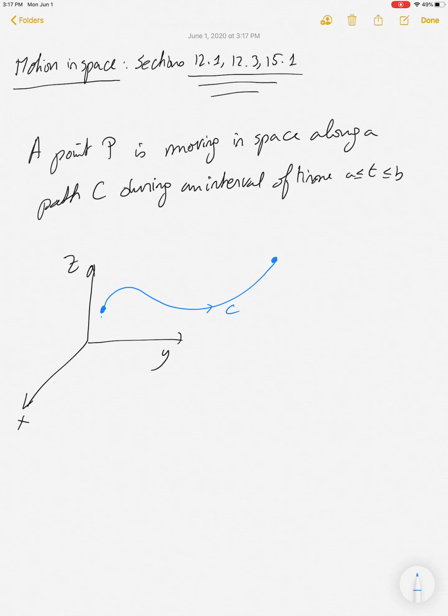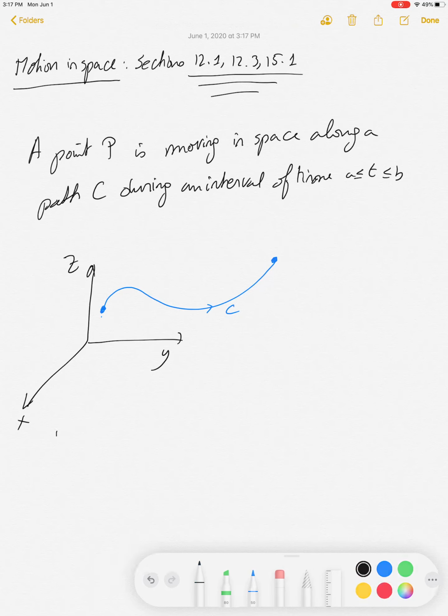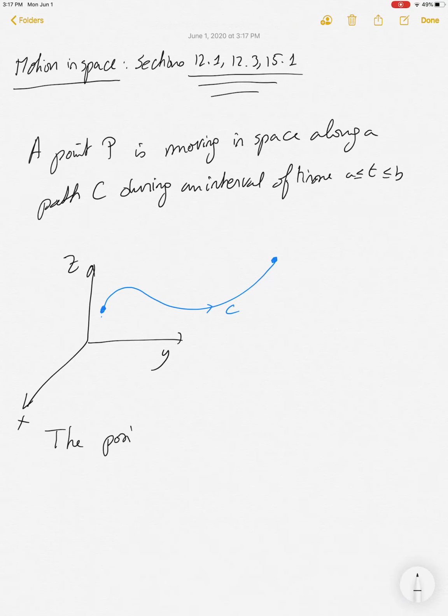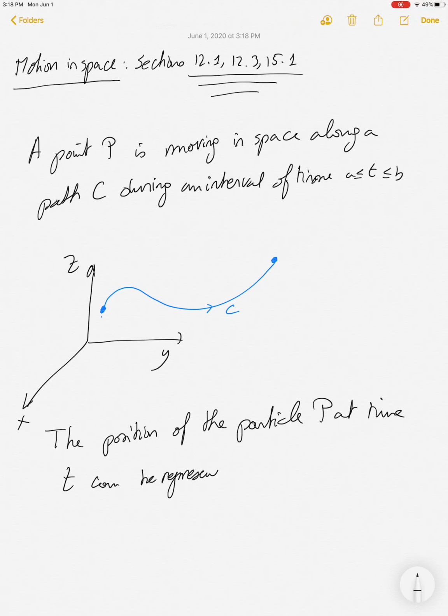So the position of the particle P at time t can be represented by a vector r of t, which is x of t, y of t, z of t. This is the position at time t.